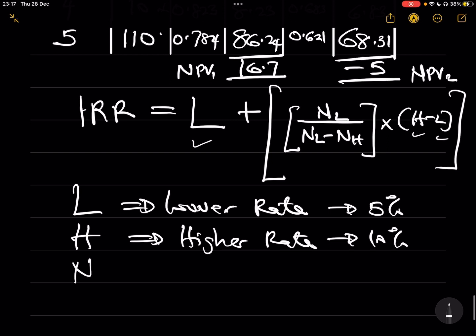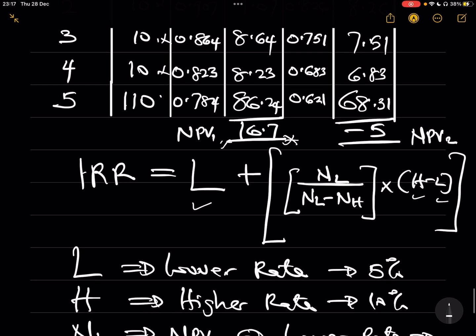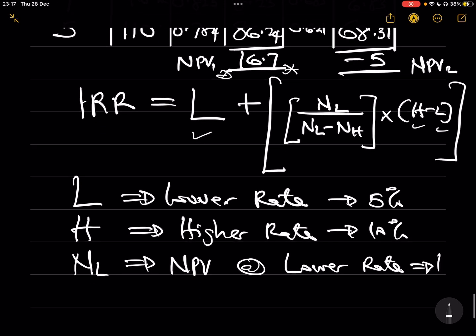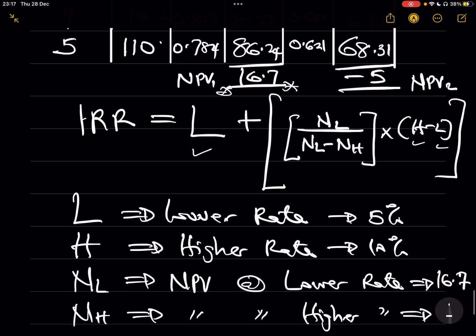What does NL mean? NL is the net present value at the lower rate, which in our example is the NPV at 5%, and that's our 16.7. And NH is the NPV at the higher rate, and in our example, that is minus 5.